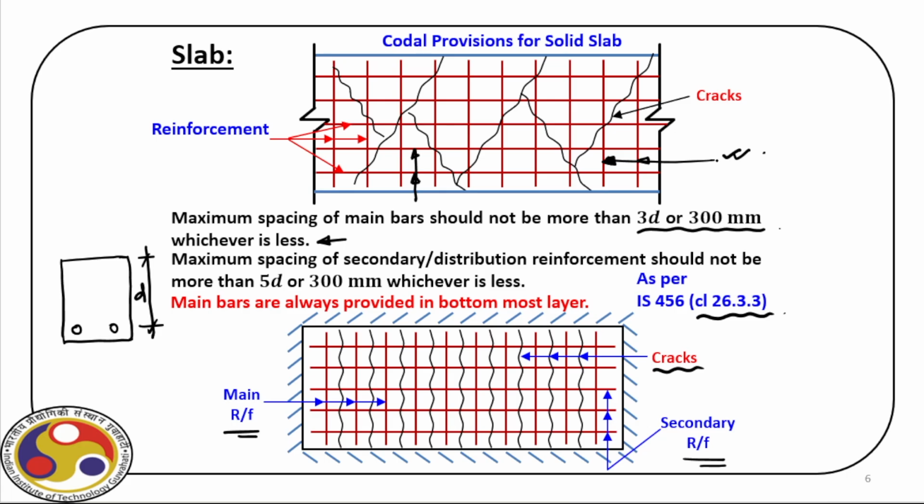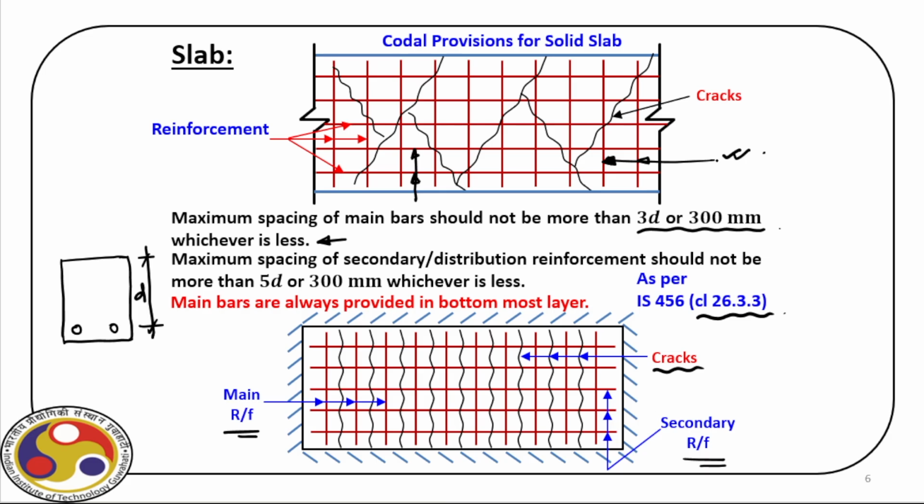So what we have learned here is that there is a condition of nominal cover depending upon the type of steel. The second thing is we have to provide main reinforcement in the bottom layer. For the design, we'll consider a 1 meter strip and design it as a beam, which we have already learned in our previous week's lecture.